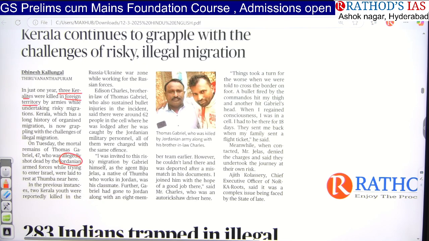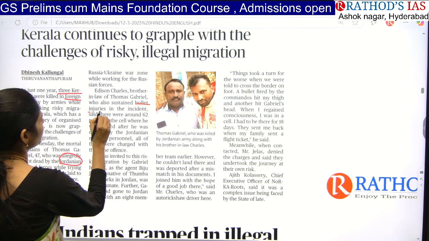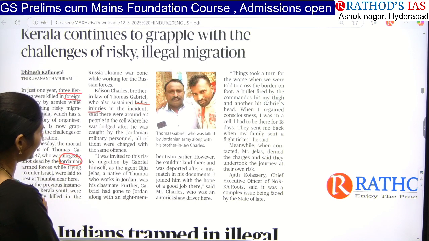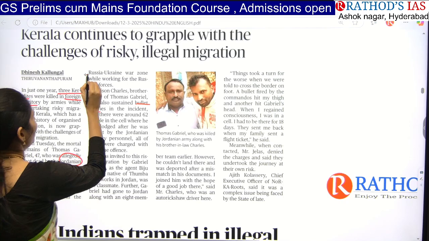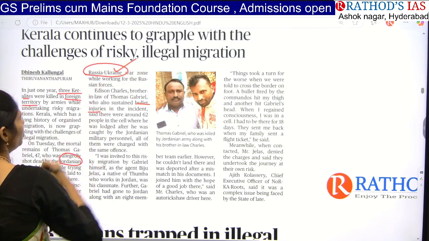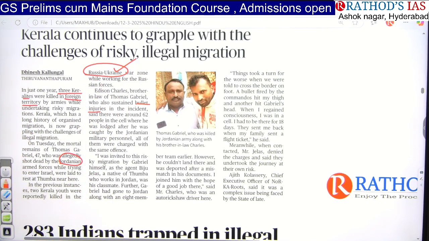Jordan armed forces shot dead these Keralites who were trying to enter Israel. Even because of bullet injuries, some people died in other countries. And even in the Russia-Ukraine war zone, some Keralites have died.